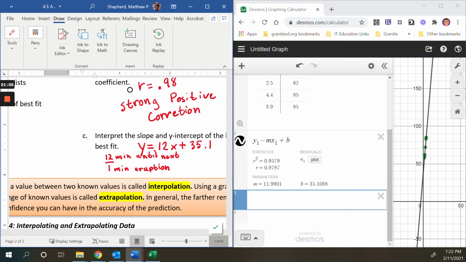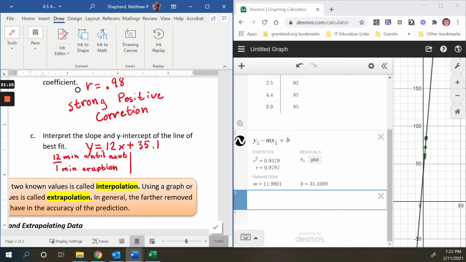That's kind of the way that slope increases it. Now that is not all of it. Just by virtue of it erupting, we also have this plus 35. So in all those things I just said, we should probably also add 35 minutes to it.